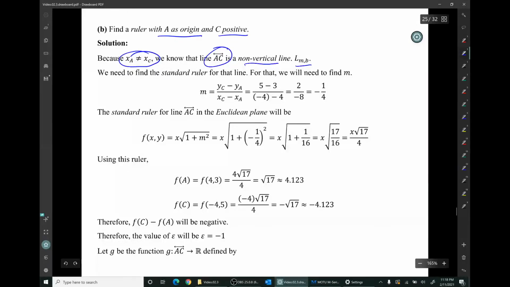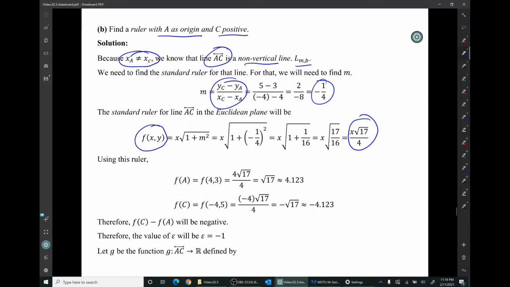So we need to find the value of m for the line containing a and c. So we do change in y over change in x for those 2 points, and we get the number -1/4. So that's our slope m. We use that to build the standard ruler, and we end up with this. The standard ruler is f of x, y equals x times the square root of 17 over 4.